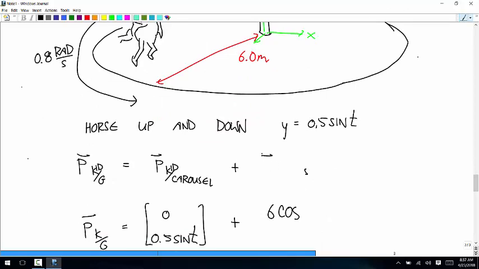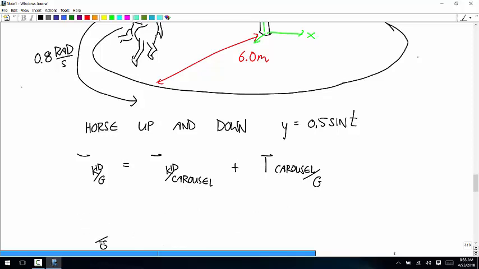Yeah, sorry about this. Let's go back to velocities. This will make more sense. So this is the position of the carousel. It's the same exact thing, just with velocities, so you can make sense of this in your notes later.